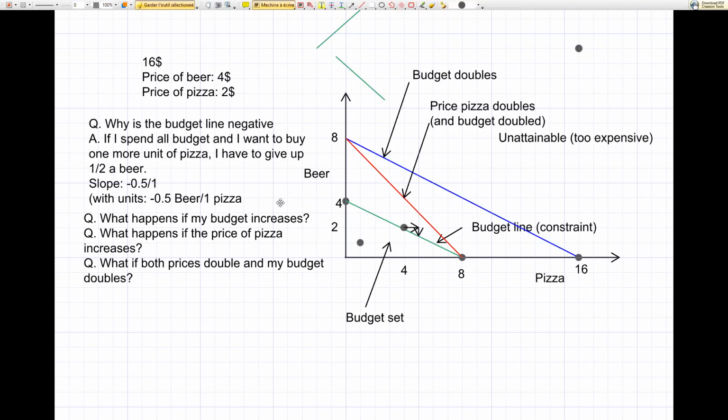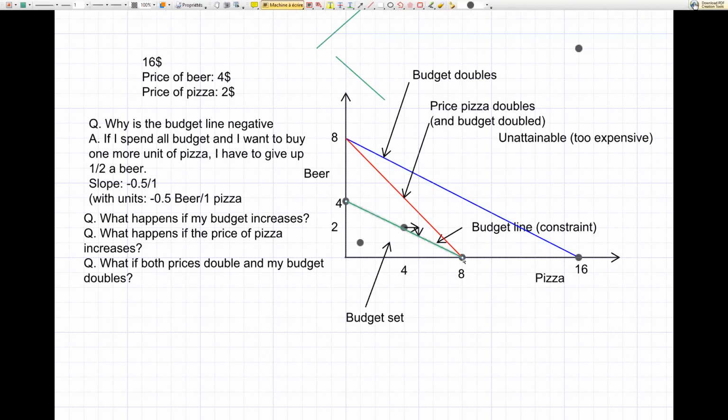And what happens if the budget is the same and the price of beer and pizza remains the same? So what would the slope be? Well, if the prices stay the same and the budget stays the same, everything stays the same, no? No, if the price of the beer is 4 and the price of the pizza is 4, but the budget is also 16. Then I can buy fewer.